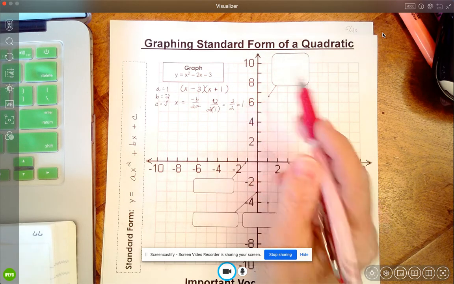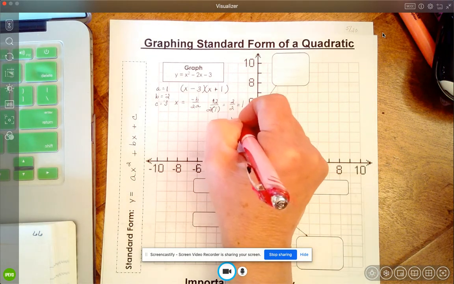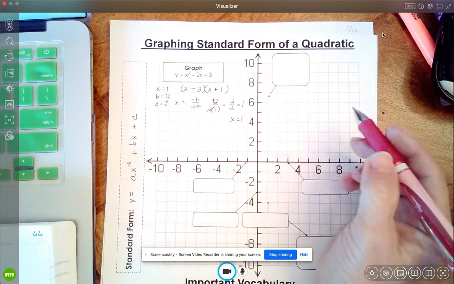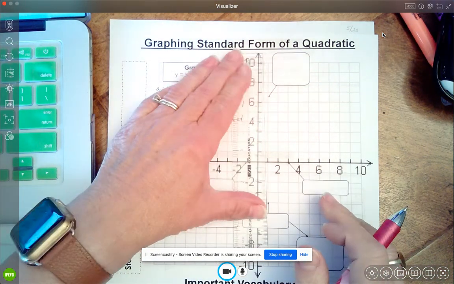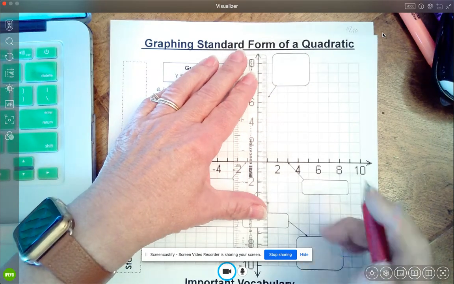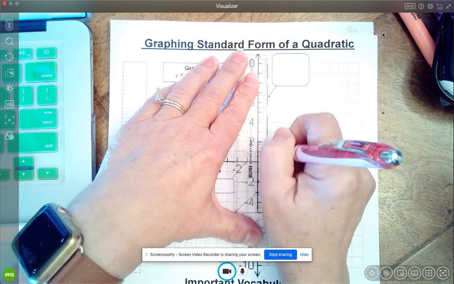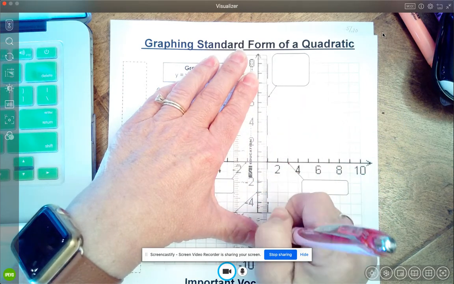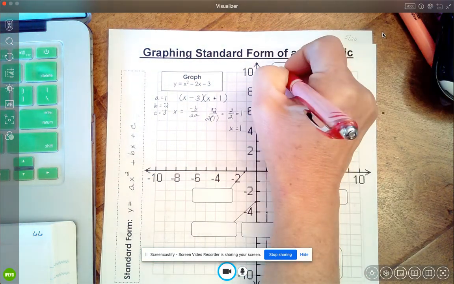My axis of symmetry is across the line x is equal to 1. So I put a line right down through here, and this is my axis of symmetry.